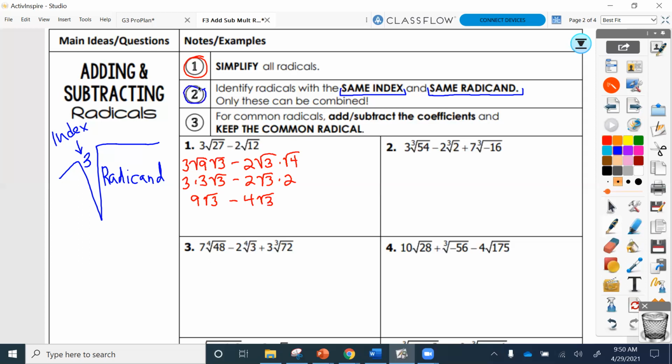All right, so now we're in step 2. Once we've completely simplified everything, then we can identify the radicals with the same index and same radicand. So root 3 has the same index, it's implied to be a 2, and the radicand is also the same. So we have like terms. Let's make this legible.